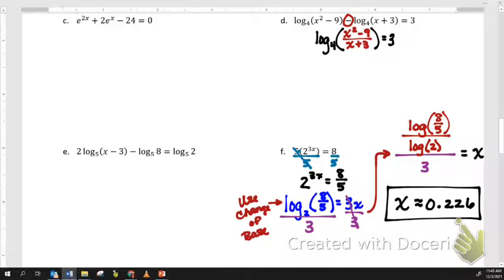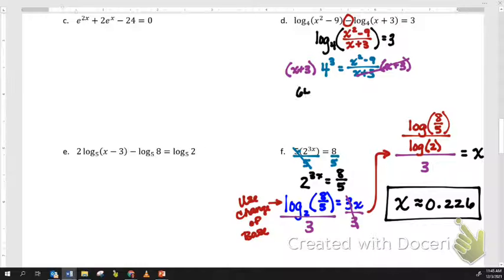What can I do with it now that it is just a single log? Change it into exponential form. So 4 to the third equals x squared minus 9 over x plus 3. I'm going to multiply both sides by my denominator. So that is 4 to the third is 64.